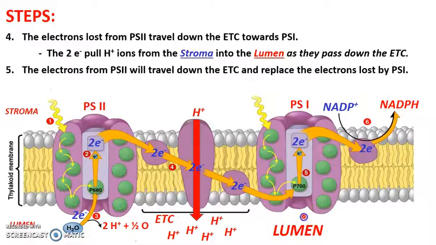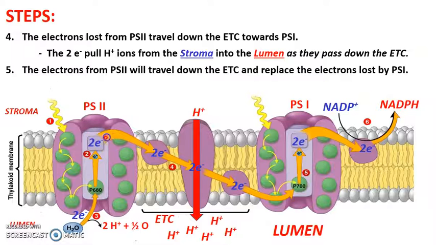However, I don't see water here, do you? Water is not being split to replace these 2 electrons that PS1 is losing. So they are going to get replaced by these 2 electrons that are actually coming from PS2. So 2 electrons lost by PS2 are replaced by splitting water.